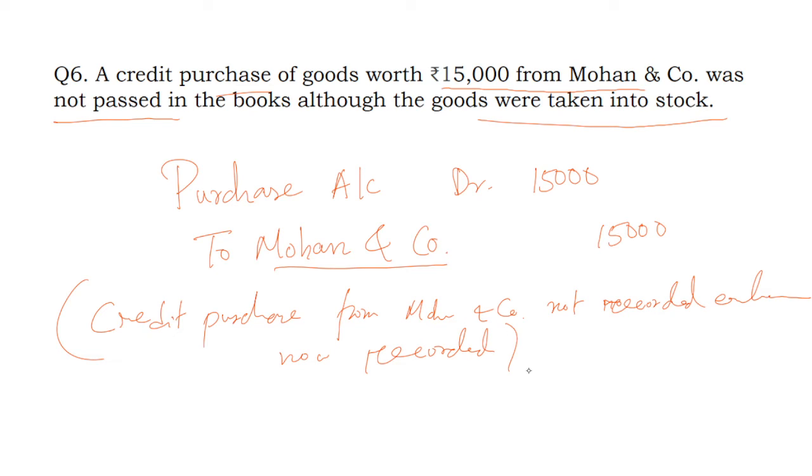Like this you can make the entry. Yes, correct. Pushpa Reddy madam is correct. Not recorded is now recorded. It was not actually recorded, now it is recorded. So narration is not fixed. It may vary. You can write in your own words.